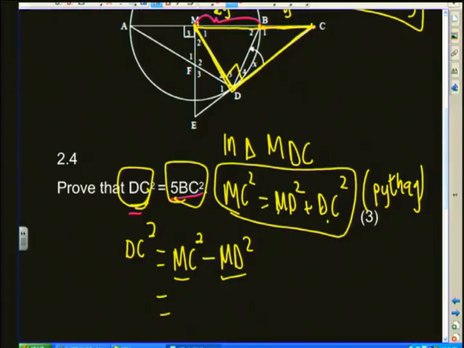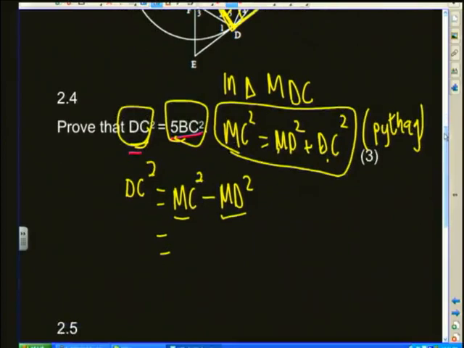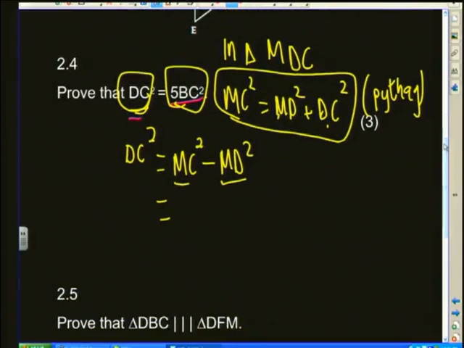Firstly, let's start with the MD. How am I going to get rid of MD? Well, I know that MD is equal to MB, and the reason for that, those were radii. We knew that M is the center, so MD is equal to MB because those were radii. So therefore, I can state here on the side, we're going to deal with just MD.